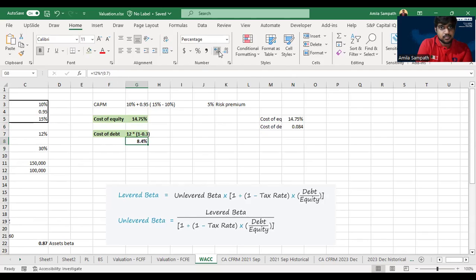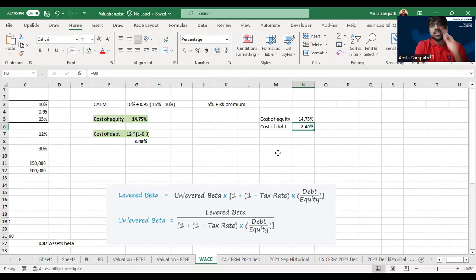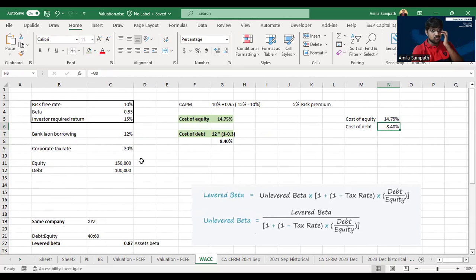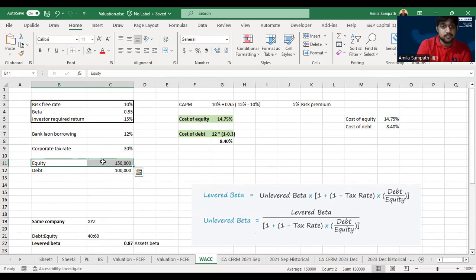Then we need to weight the cost of equity and cost of debt based on what? Based on the market value of the equity and the market value of the debt. Let's assume our market value of the equity is 150, and the market value of the debt is 100.